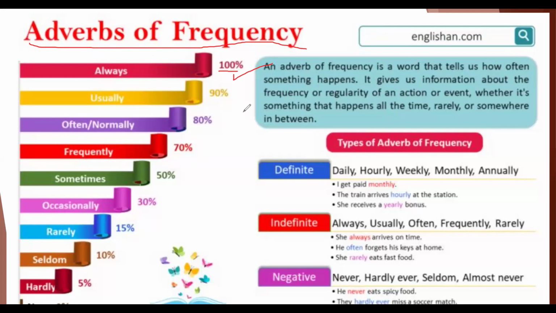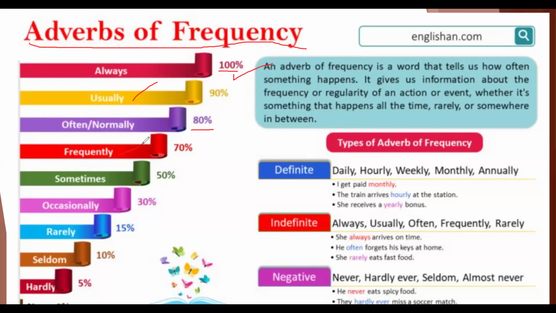For example, I always speak English. Siempre hablo inglés. Or maybe you say, oh no, just 90% of my life I speak English. So you say, I usually speak English, okay? Maybe you say, no, just 80%, okay? You often or normally speak English. And then you are going to reduce the frequency, okay?